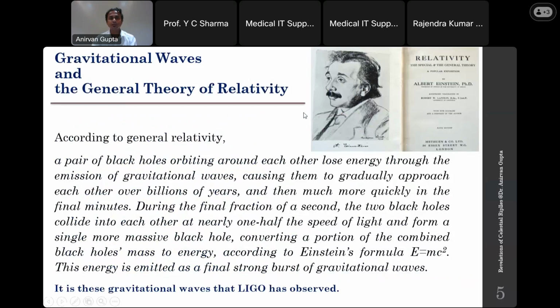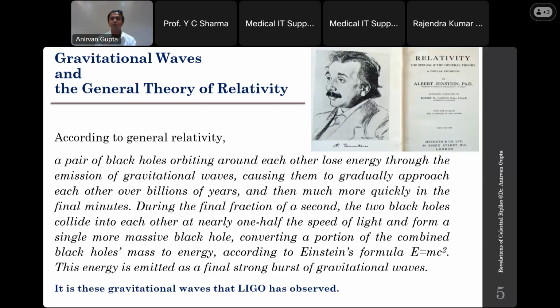According to the general theory of relativity, a pair of black holes moving around each other would gradually approach each other over billions of years. When they come close, they move much more quickly, nearly at one half of the speed of light, and they collide and fall into each other, creating a single, more massive black hole.